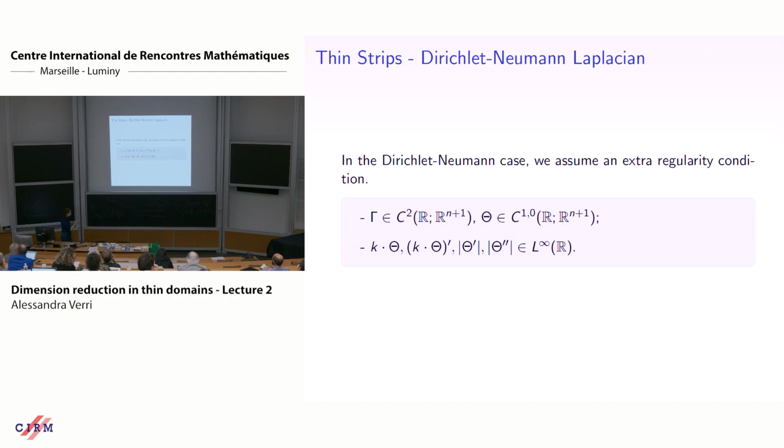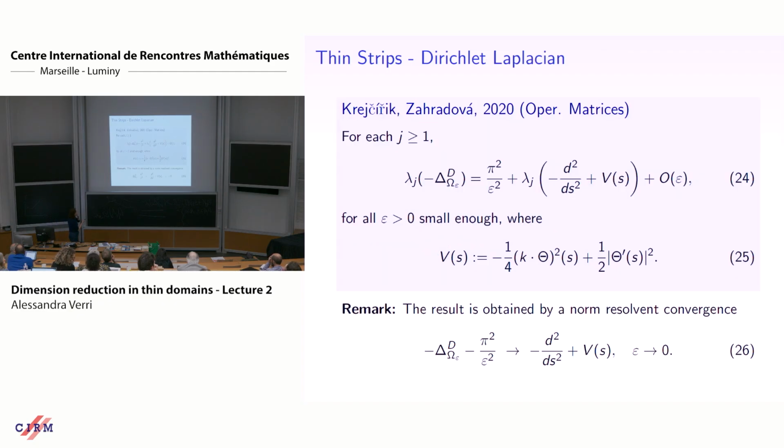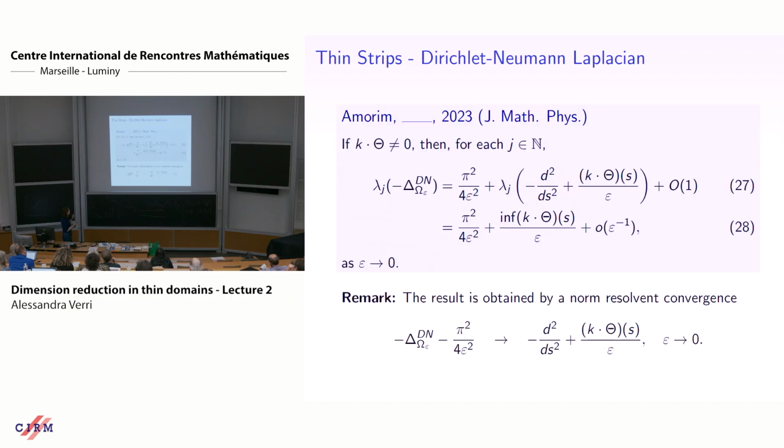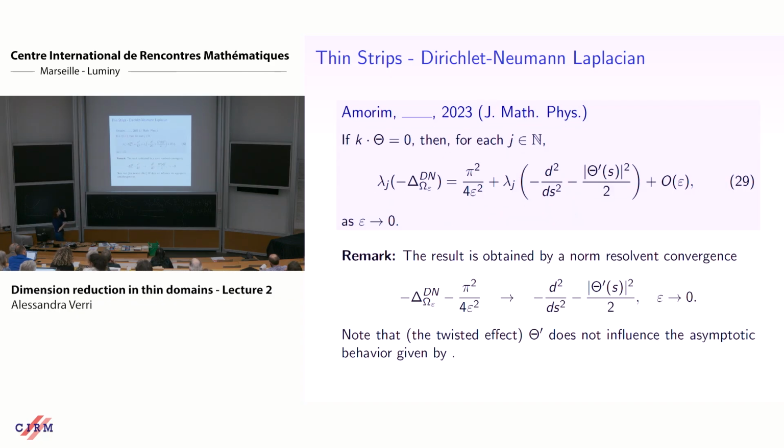And here I would like to compare some points. In the Dirichlet case, if k theta is equal to 0, so if you have a twisted strip, we don't have discrete eigenvalues in a twisted strip. But if you consider Dirichlet-Neumann boundary conditions, we can see that we have discrete eigenvalues.